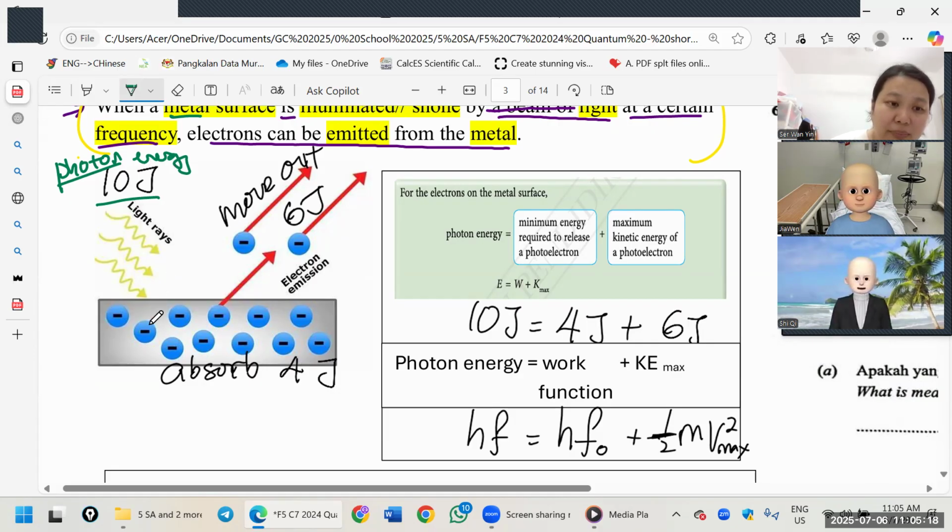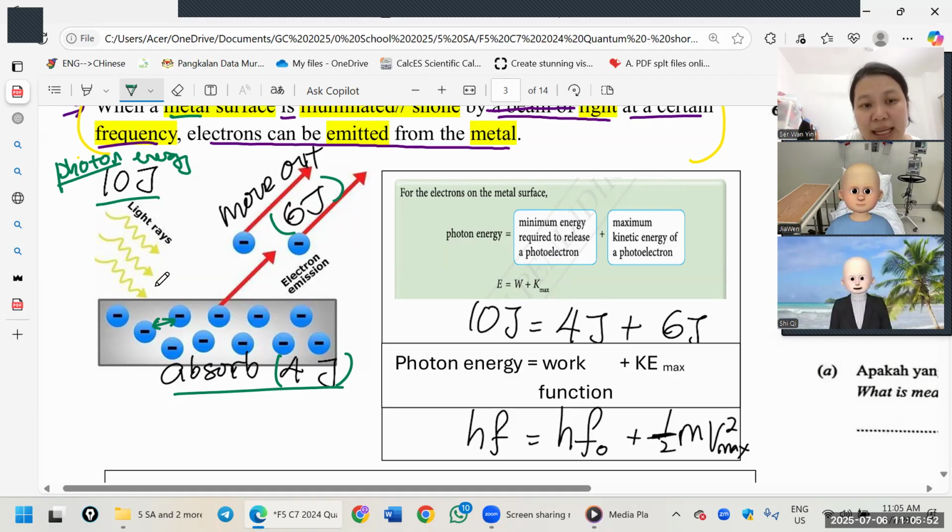You remember the electron got attraction force. If you want to break the bond, it needs to absorb 4 joules of energy, then only it can be emitted out. So 10 joules minus 4 joules, we left 6 joules to move it out. So this is the idea: 10 joules shines, 4 joules absorbed to break bond, and left 6 joules to move out.